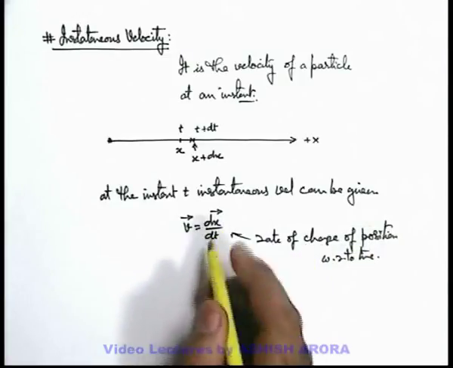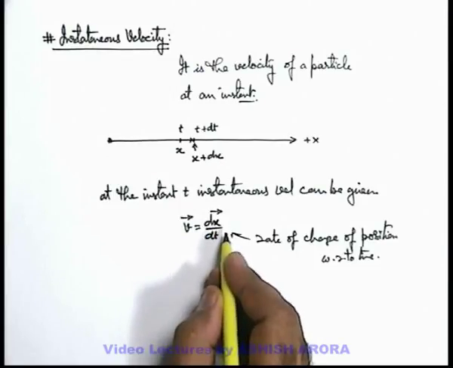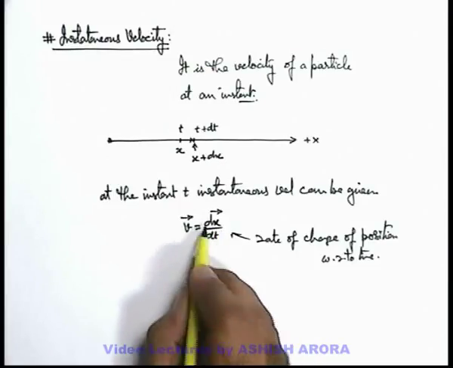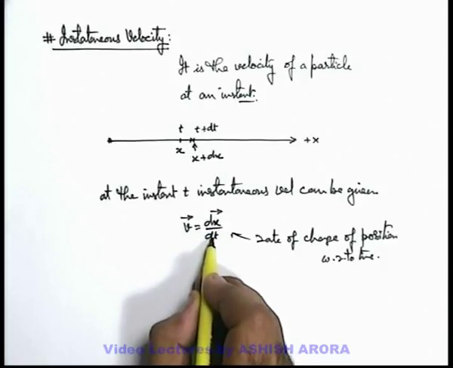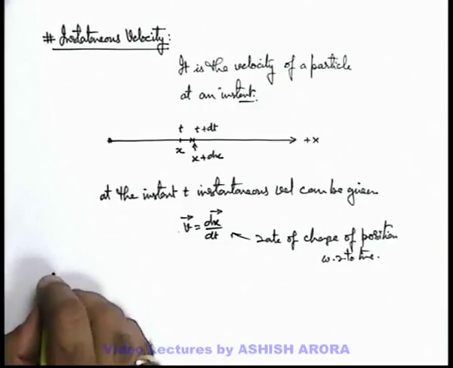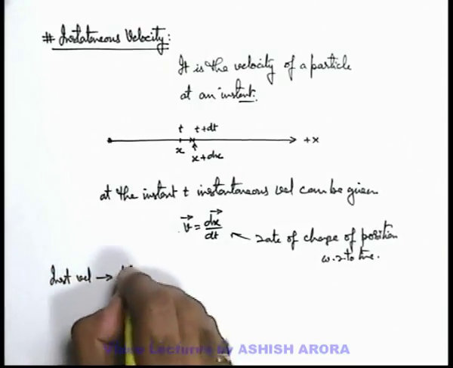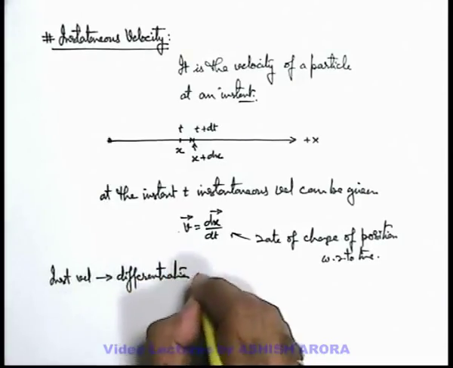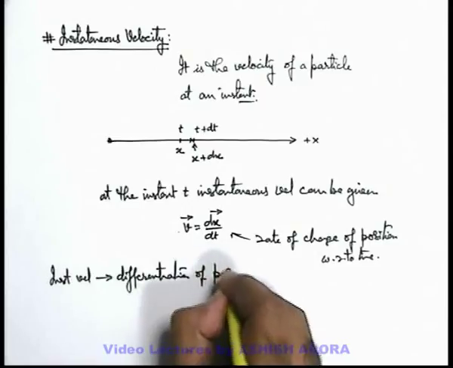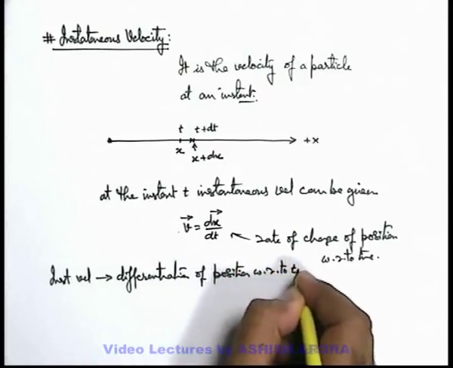Or we can simply write, we have the position as a function of time. We can find the differentiation of position with respect to time to get the value of instantaneous velocity. So we can also write the instantaneous velocity is the differentiation of position with respect to time.